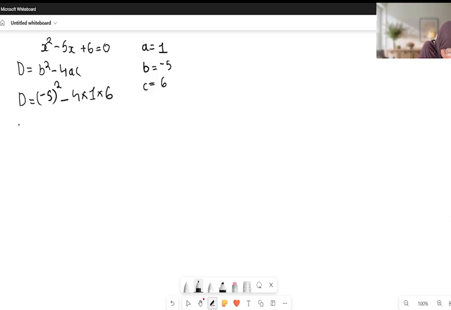Okay. So D is equal to minus 5 square is 25, 25 minus 4 into 1 into 6 is 24, which is 1. So the value of D is 1. Now let's use the quadratic formula to find the two roots.